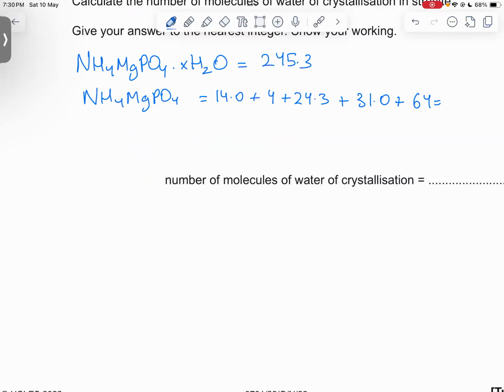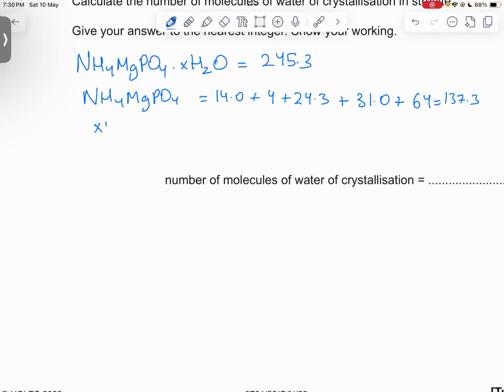So when we add all the values together, 14 plus 4 plus 24.3 plus 31 plus 64 equals, I am getting an answer of 137.3.